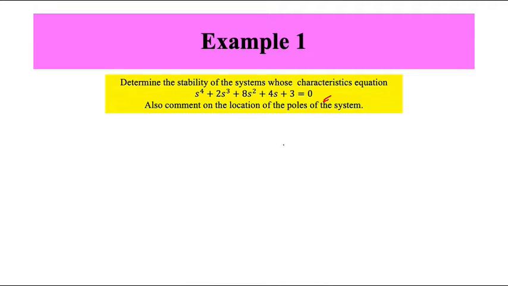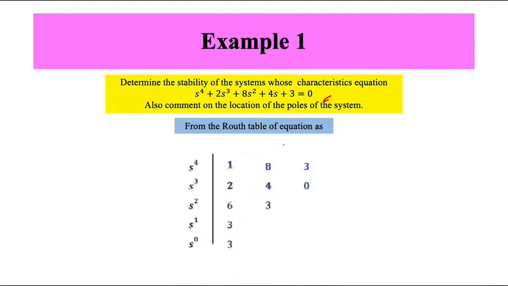For this characteristic equation, the Routh array will be: we take first s to the power 4, then s to the power 3. Now s to the power 4 has first coefficient 1, then alternately 8, then 3.